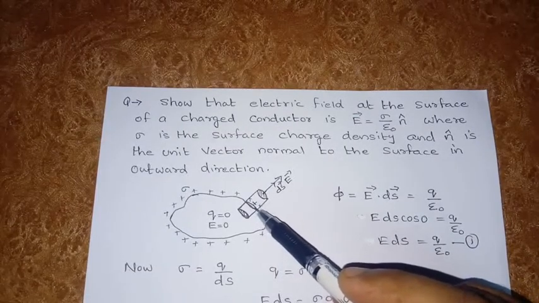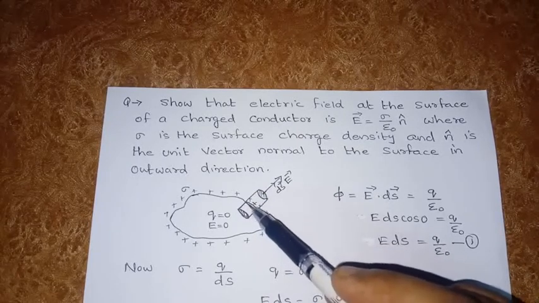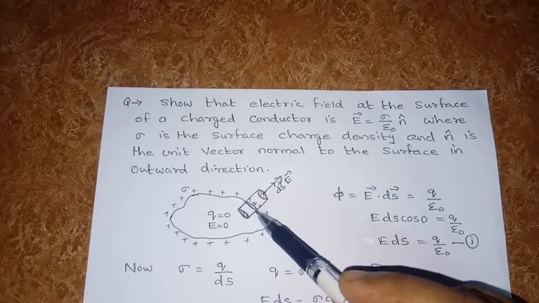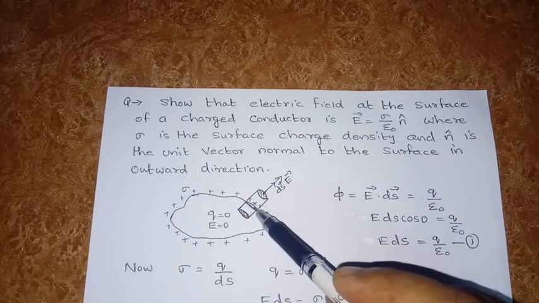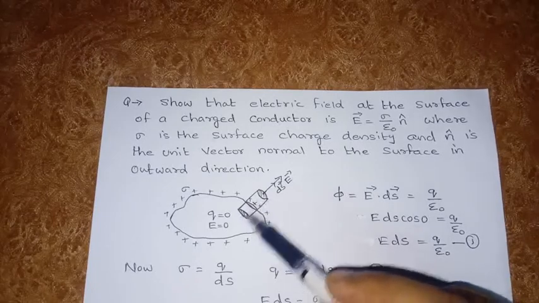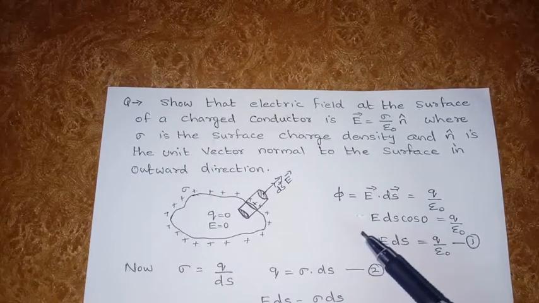In order to find the electric field on the surface, we have to construct a Gaussian pillbox of surface area ds. So the base area will be ds, and this pillbox extends an equal distance on either side of the conductor.